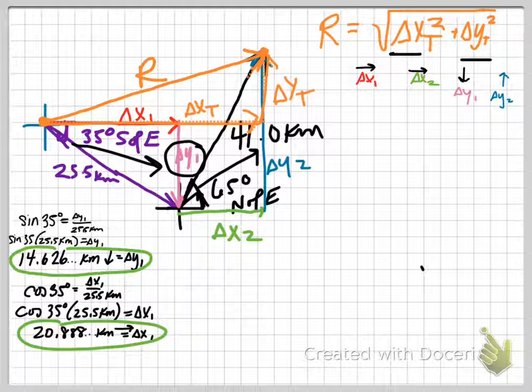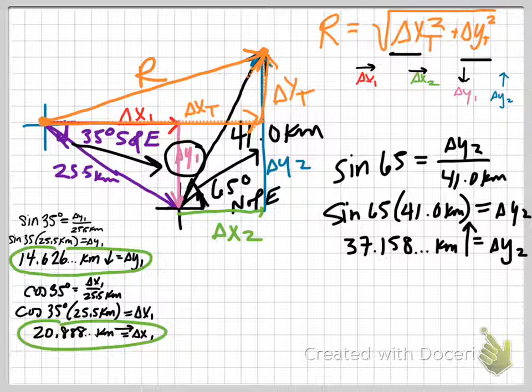My delta y. On the other one, my delta y, oh no, they were both opposite, never mind. Ha! You gotta be careful on these, because they're not always that way. So, alright. Sine of 65 is equal to delta y2 over 41.0 km.